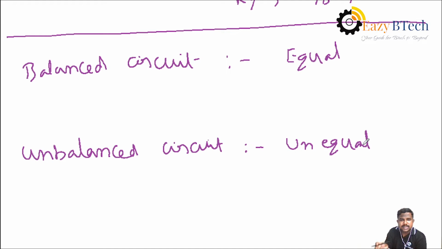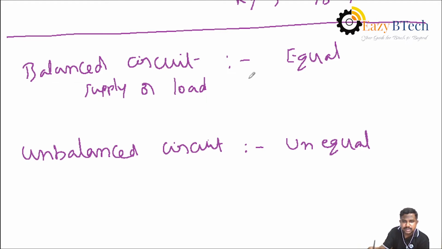That means if the three phase circuit consists of all voltages or all currents or all impedances of the phases all equal, that is called the balanced circuit, either balanced supply or balanced load. You can differentiate balanced supply or balanced load.